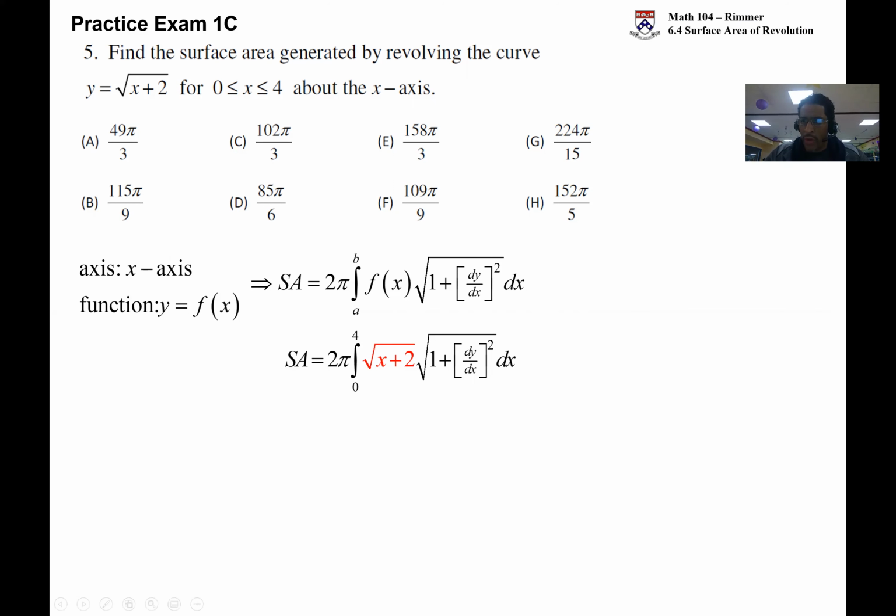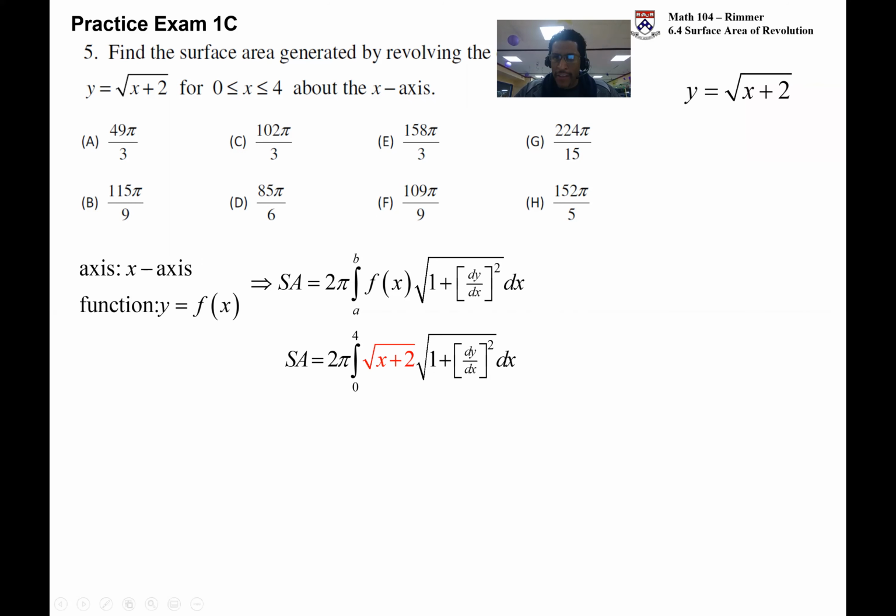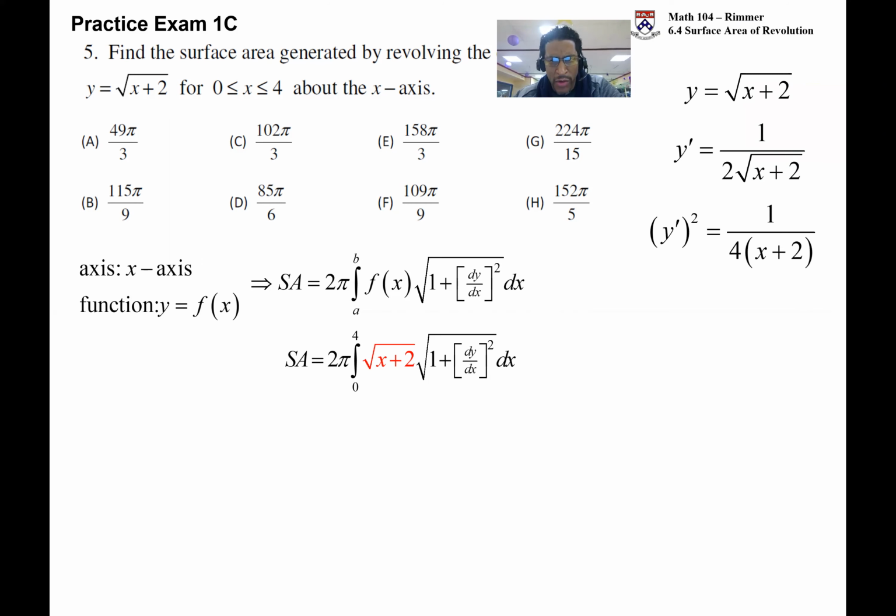We have the square root of x plus 2 as our function, and we want to take its derivative: 1 over 2 square root of x plus 2. Then we want to square it, so 1 over 4 quantity x plus 2. Very important you write it like that. Don't distribute it out. Leave it just like that. You'll see why.